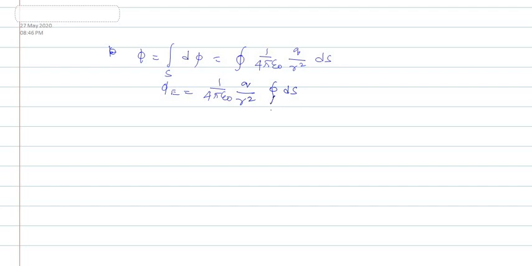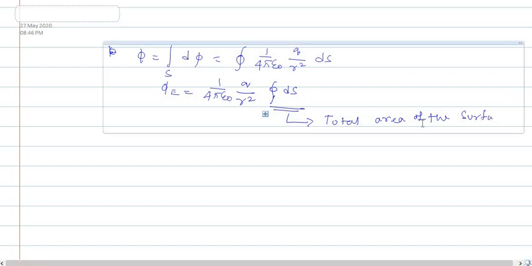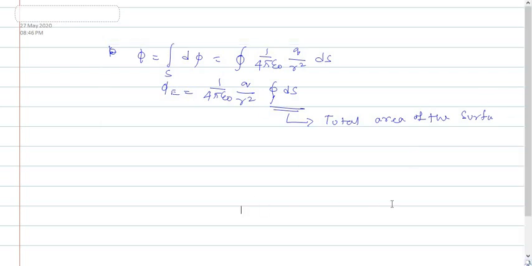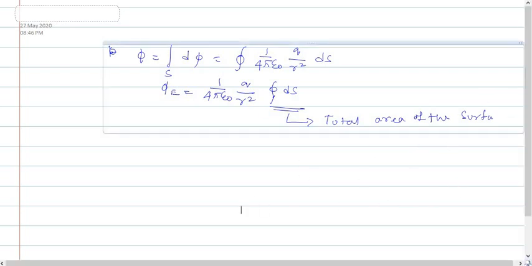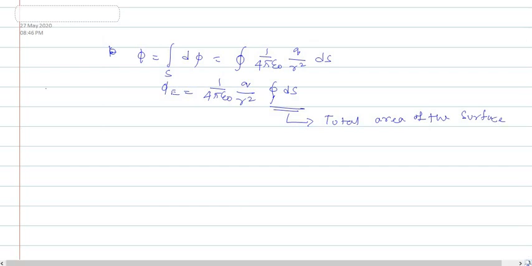Now this closed integral ds is nothing but the total area of the surface. The total area of the surface we already considered as A, equal to the closed integral ds.